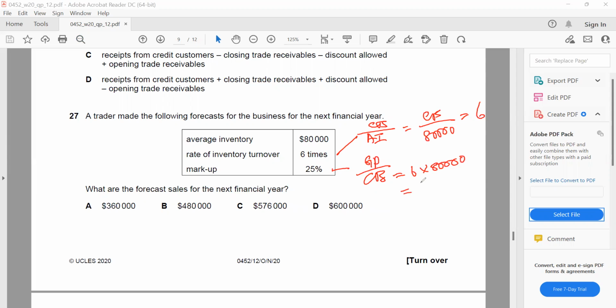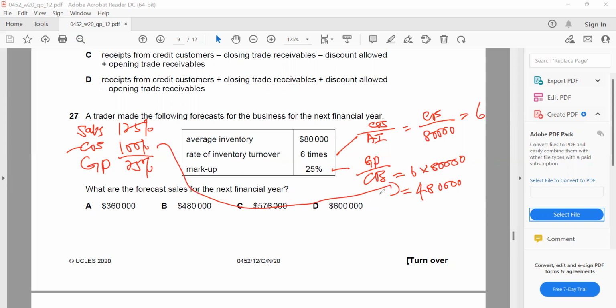We get 480,000. And then they say markup is 25%. So sales minus cost of sales is gross profit. So here 25%, here will be 100%, here 125%. And this one is 480,000.